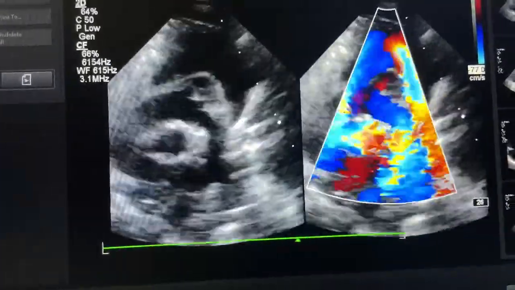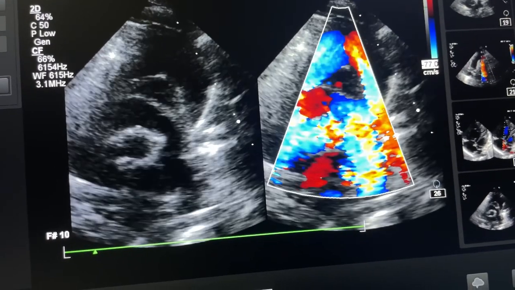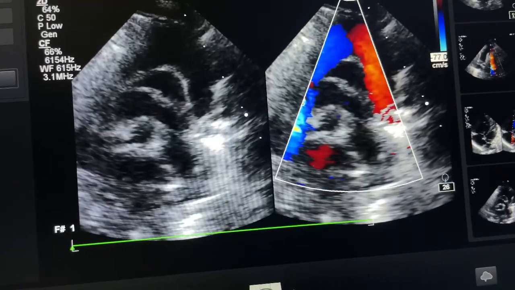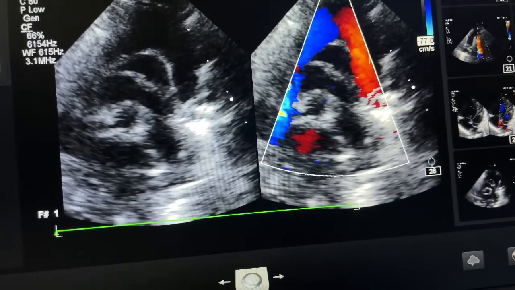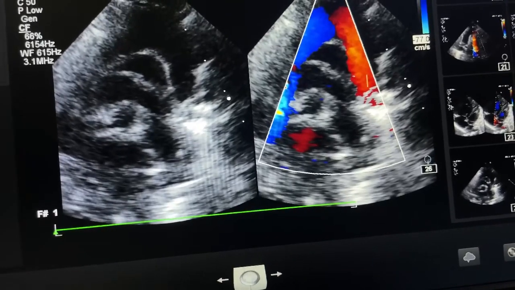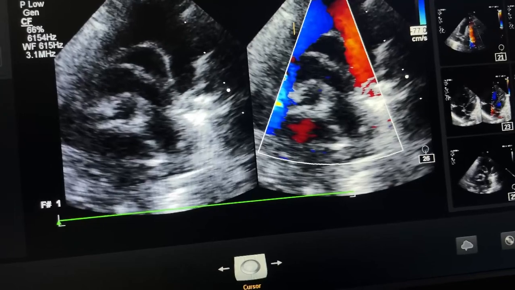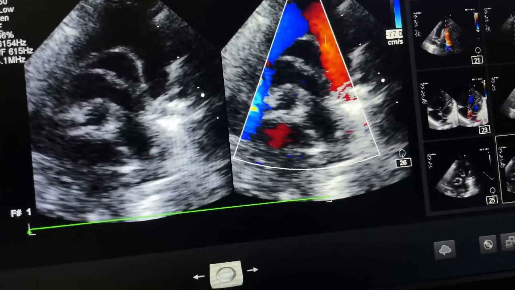Again you can see two arches. This arch has red flow, here upward, here downward. So this right part has blue, the left part has red.